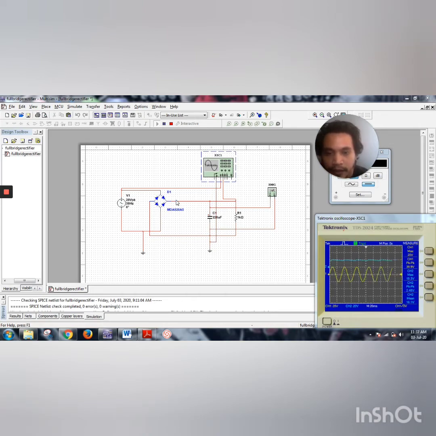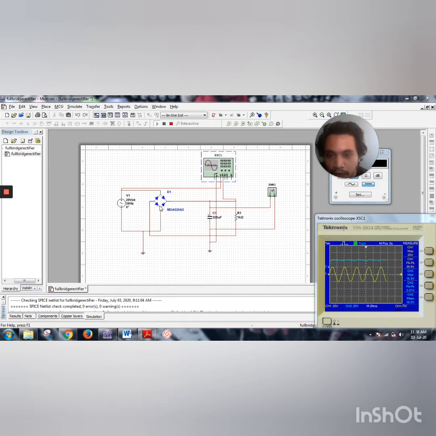So it will go through the load, which is R1 and capacitor 1, and will transfer back to the diode.